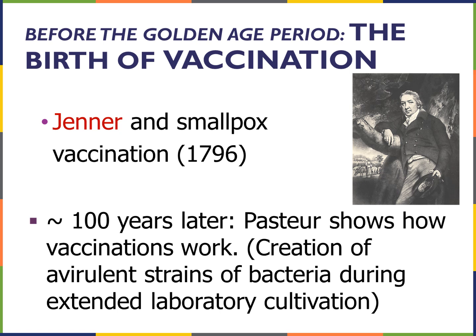It wasn't until about 100 years later, once again, we have the name Louis Pasteur shows up, because Louis Pasteur comes and shows how vaccines work, and he created the first true vaccine with a true understanding of the immune system and how the vaccination process works. So we give Edward Jenner the credit for the idea of understanding kind of the basics of immunity, but we give Louis Pasteur the credit for creating the first true vaccine.